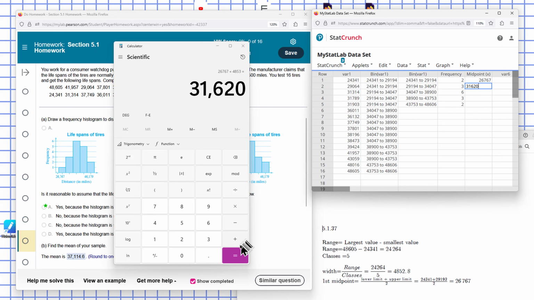Then I can add 4853 on again, and I end up with 36473.